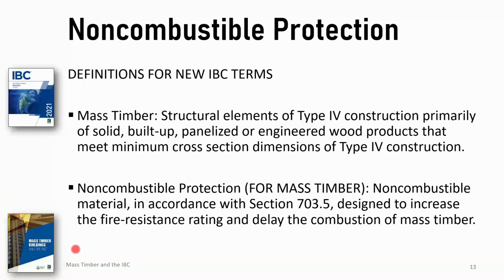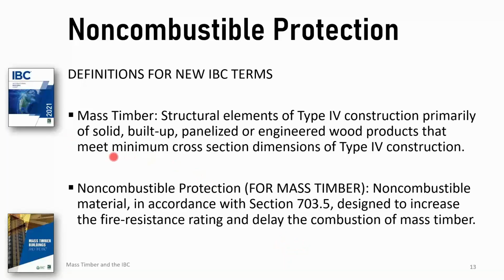You can order this right now. It does go into detail and illustrations on all the requirements of the new 2021 for tall mass timber that we're discussing today. So it's a great resource. I highly recommend it. It's the significant changes book among that series for ICC, which are so popular. Well worth getting. I think it's $40 or something.